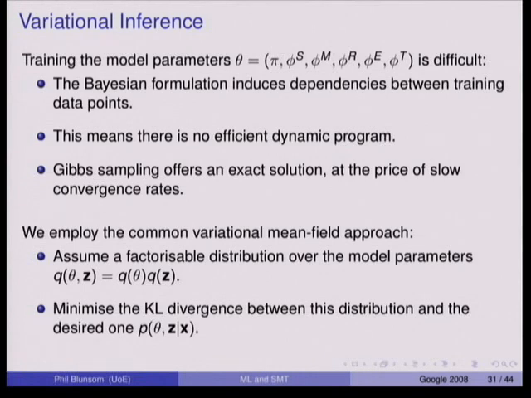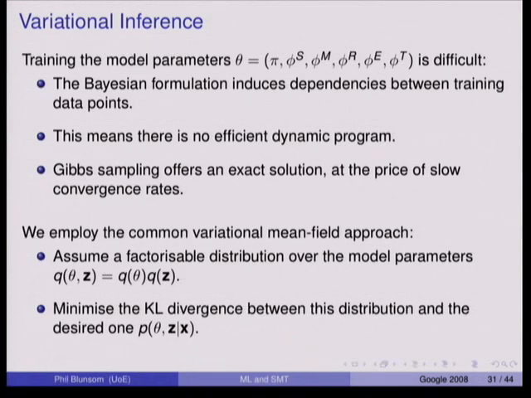An exact solution to solving such a model is to use something like Gibbs sampling. This is popular, but it's quite slow, and it takes some hand tuning to get to work. What I'll do instead is use a popular approximation called the variational mean field approach.